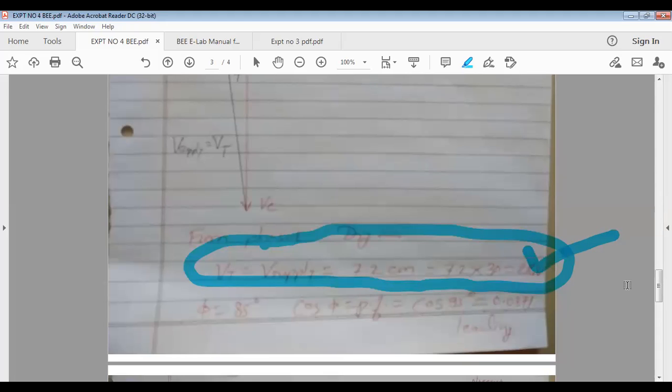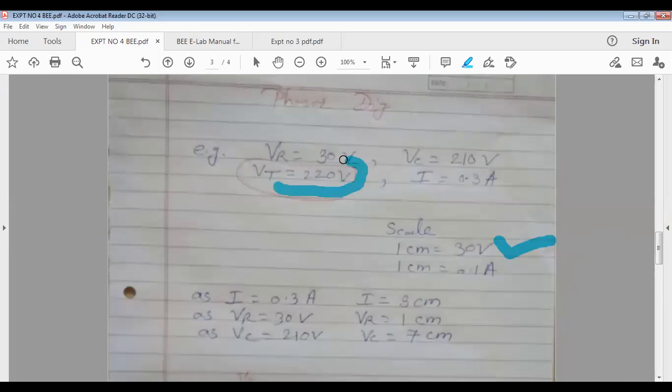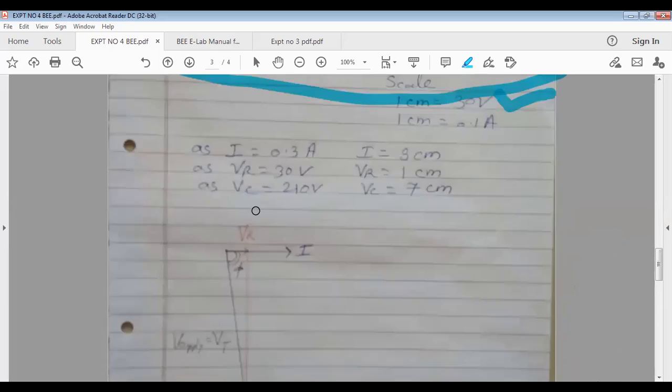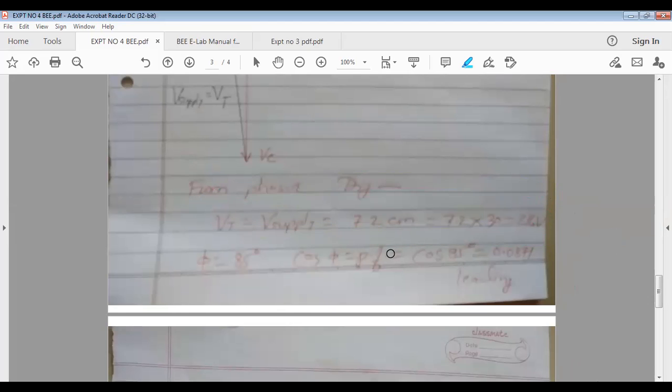So 216 volt. For 220 volt supply, these are random readings I have selected. Whatever the total voltage in the observation table, this one will match approximately. Here we are checking whether the supply voltage from the phasor diagram matches with the observation table readings or not.